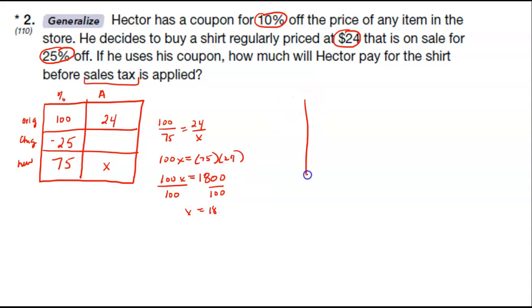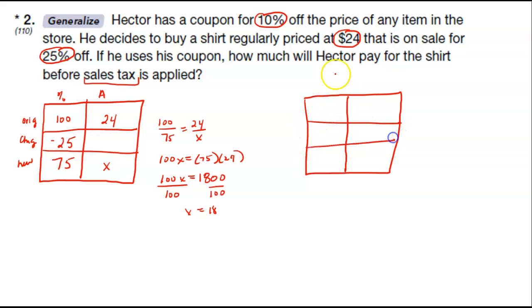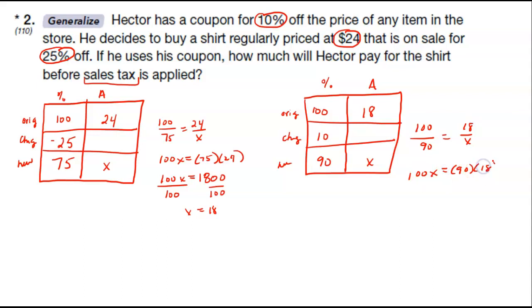Now, we get to do it again because he has that 10% off coupon, okay? This is 18. Change is 10. New is 90. So we have 100 over 90 equals 18 over x, so 100x is equal to 90 times 18.